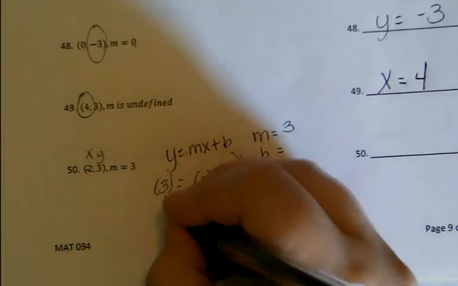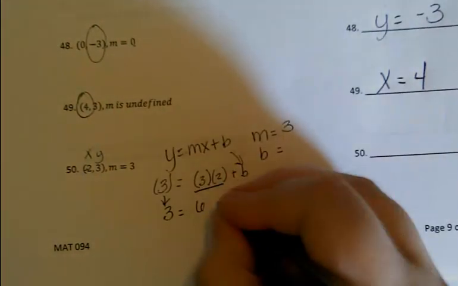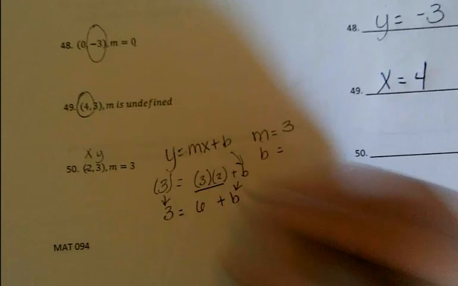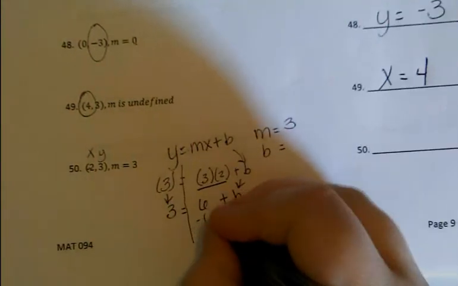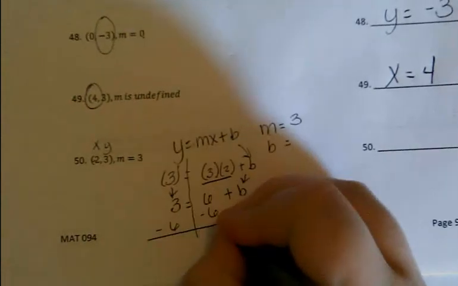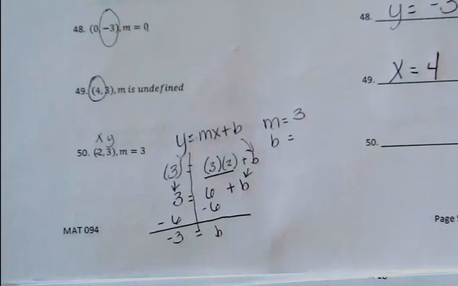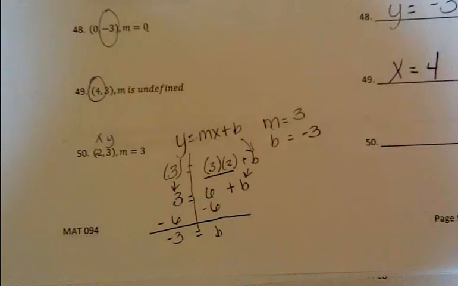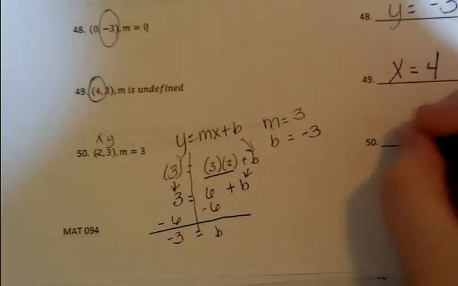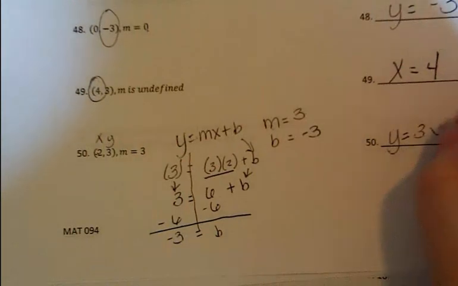So I bring my 3 down, and then 3 times 2 is 6. Bring down your b. To get b by itself, you will just subtract 6 from each side to get b equals -3, because 3 minus 6 is -3. So our equation is y equals 3x minus 3.